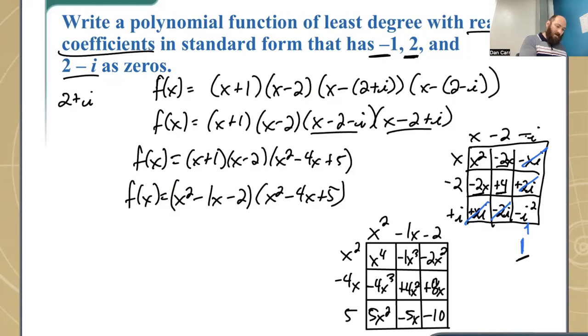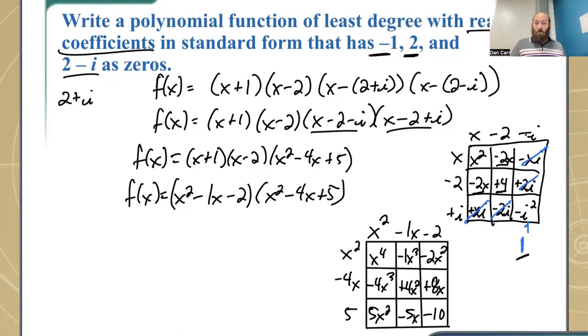What's nice about this setup is that all of my like terms are organized very well. Like I can put my x cubes together here. I can do my x squareds are all right here. And I can get 8x and negative 5x there. It won't always line up on this diagonal like this, but it is still pretty easy to see where everything is.